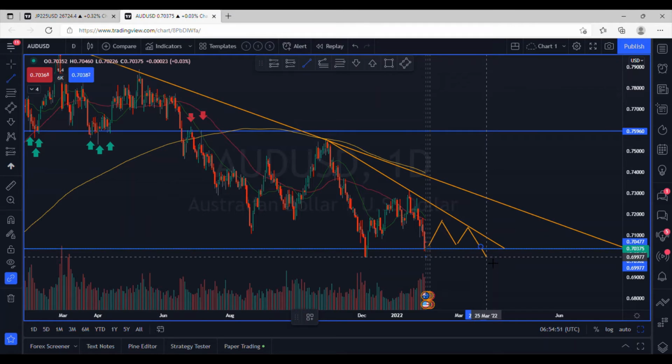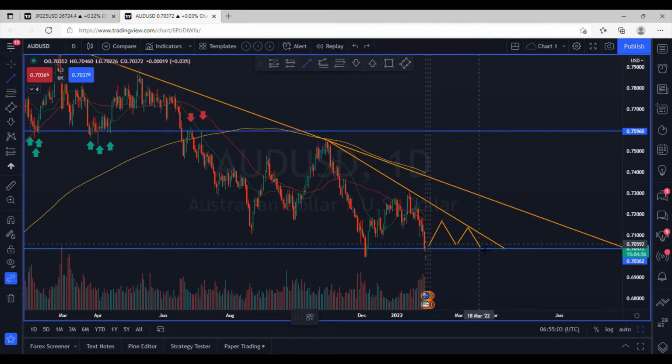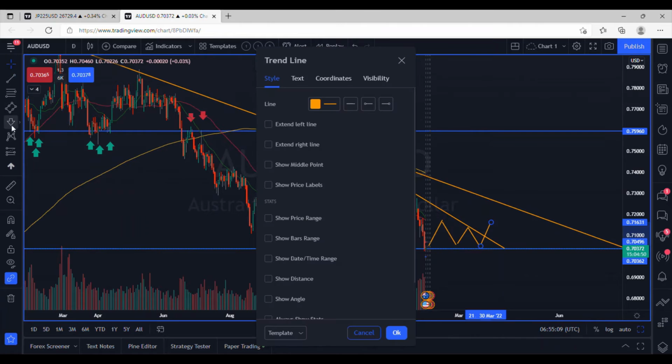And what will happen is you'll either get a false breakout, which basically the price will come down to there and then quickly snap back, or you will get a continuation of what this bigger range is doing, and you'll get something like this.